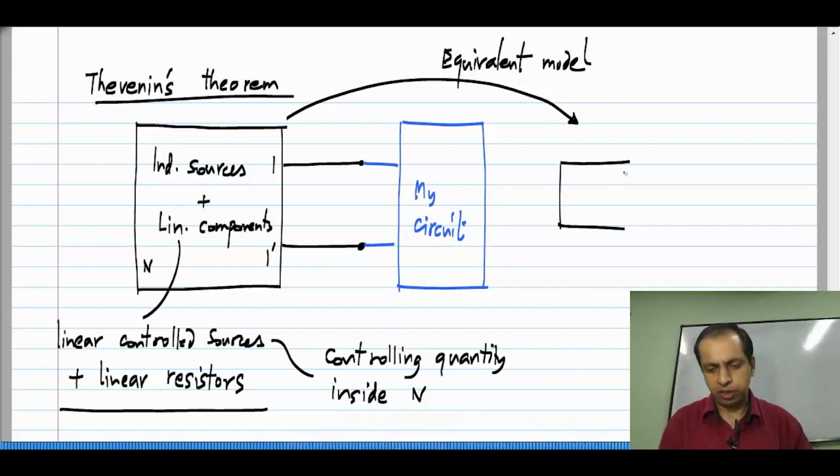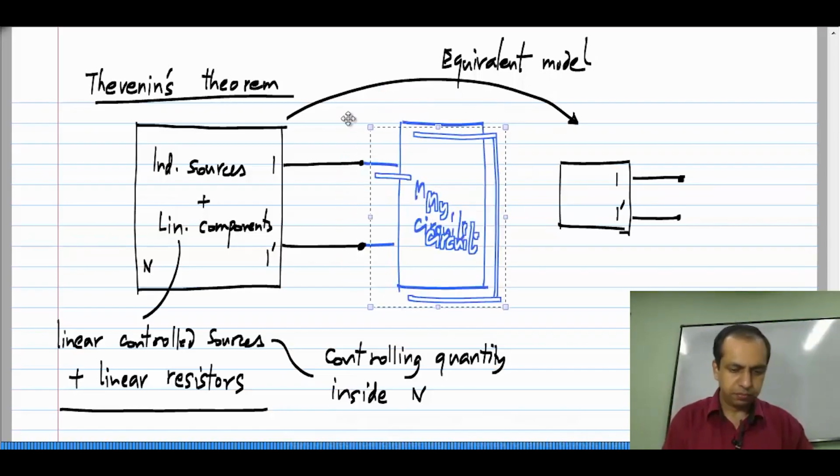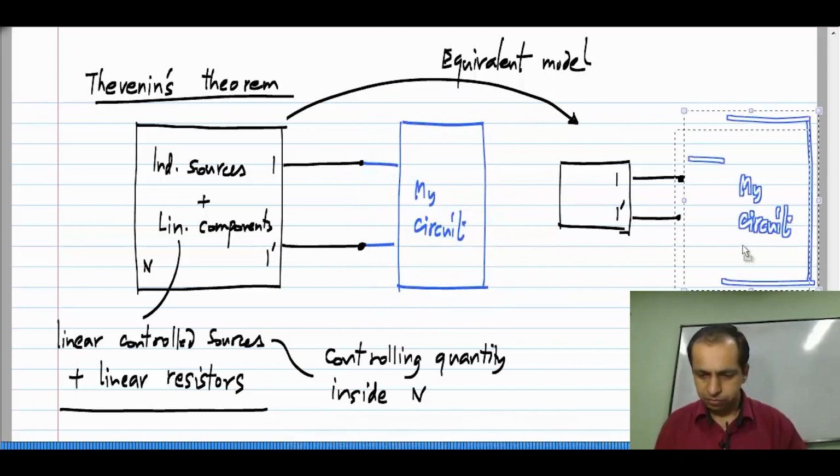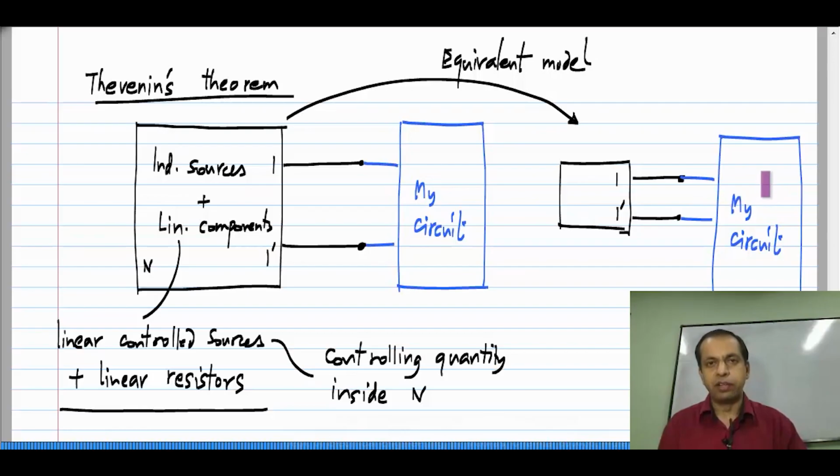First of all, it should be simpler, otherwise I could give the whole circuit anyway, but it also has two terminals, and let us say I connect my circuit to this thing. The model should be such that whether I connect my circuit to this complete circuit or to my model, it behaves in exactly the same way.